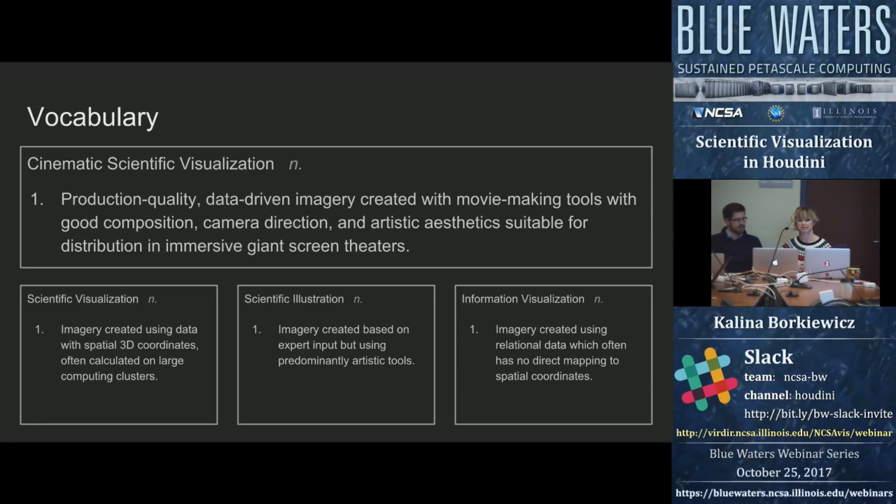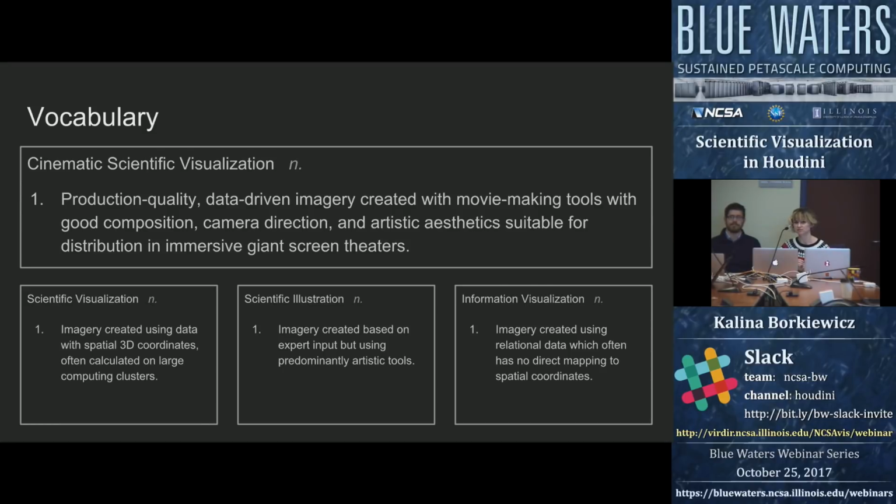So I want to define how cinematic scientific visualization differs from some similar terms. The purpose of our work is public outreach, and we use Hollywood visual effects tools to create data-driven imagery that's aesthetically pleasing. This differs from typical scientific visualization, which is typically done for purposes of data analysis or for sharing results with other scientists or experts.